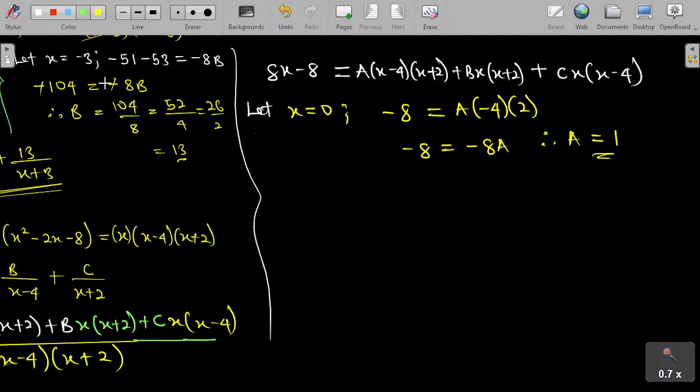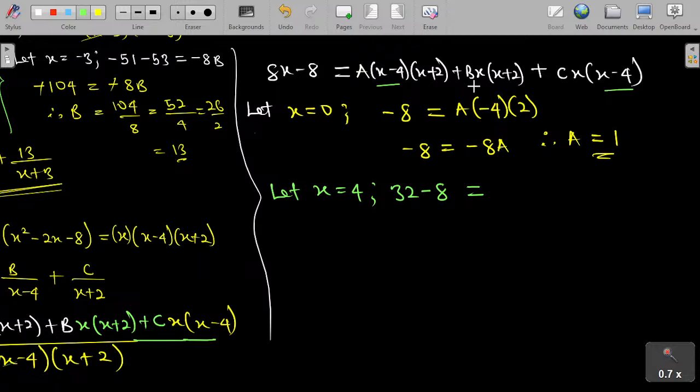So for b, to get the value for b, we will try to eliminate a and c. And to eliminate a and c, we will make use of this bracket. x minus 4 is in both a and c. That means I can now make my x to be positive 4. It will help me cancel that. So if I put x as 4, 8 times 4 is 32, and so I have 32 minus 8 is equal to, if I put x as 4 in a, it will turn to 0. If I put it as 4 in c, it will turn to 0.